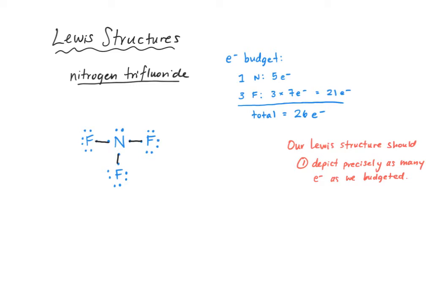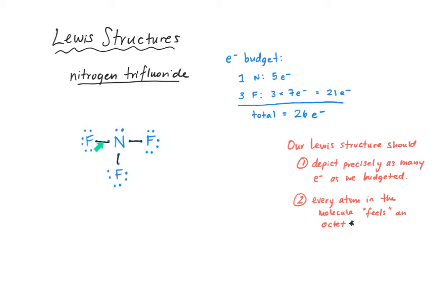And for another, we want to be sure that each atom in this molecule, nitrogen and each fluorine, feels like it has 8 electrons around it and satisfies an octet rule. Eventually, we'll talk about exceptions to this octet rule, but for right now, we'll try to draw molecules that have octets around every atom.